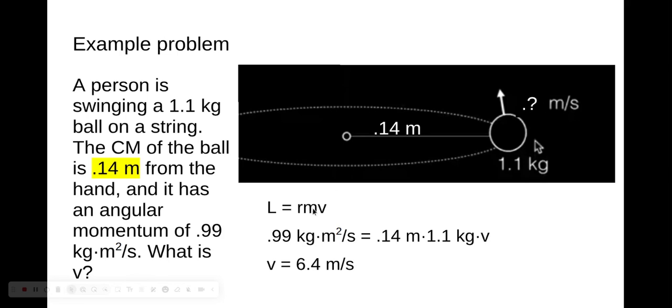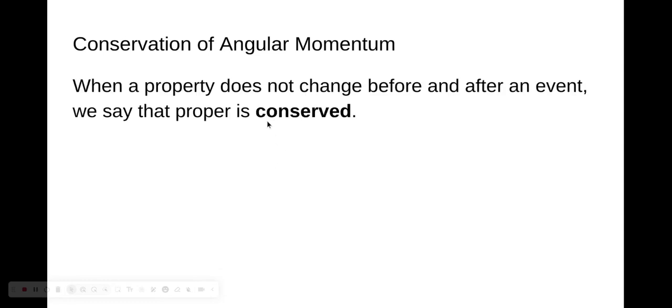So that's a consequence of these three variables having to make up the same angular momentum as in the previous problem. If one of these changes, at least one of the others has to change in response. So I've been using this word, and I want to make sure you understand that when a property of any sort does not change before or after an event, we say that that property is conserved.